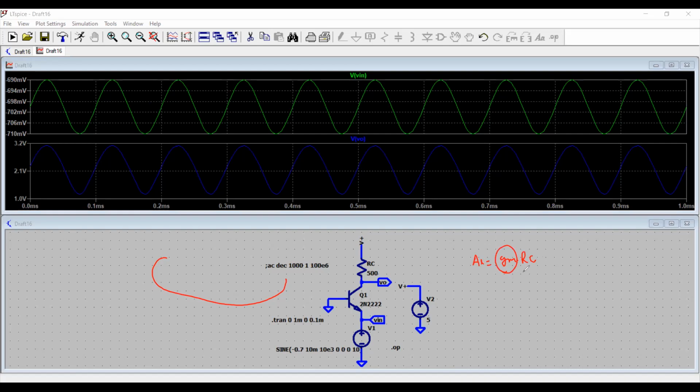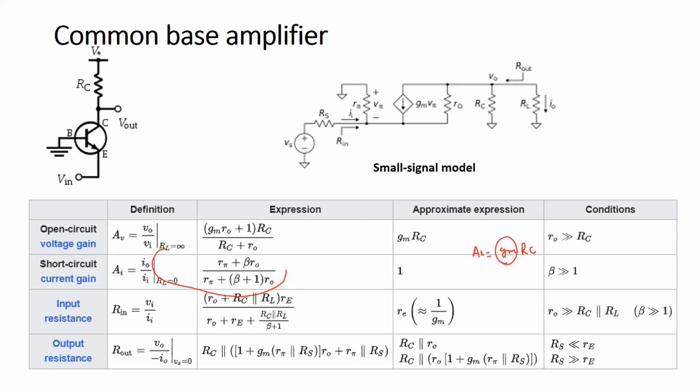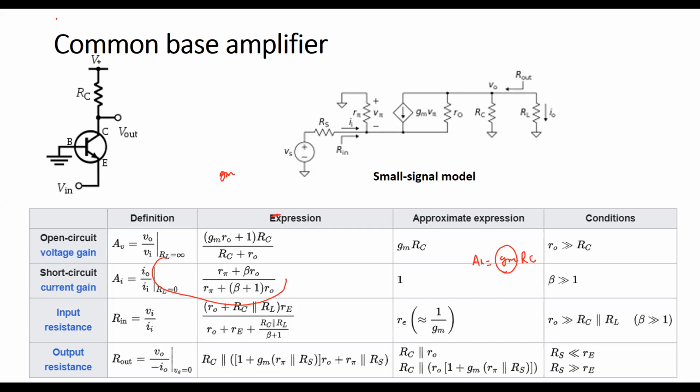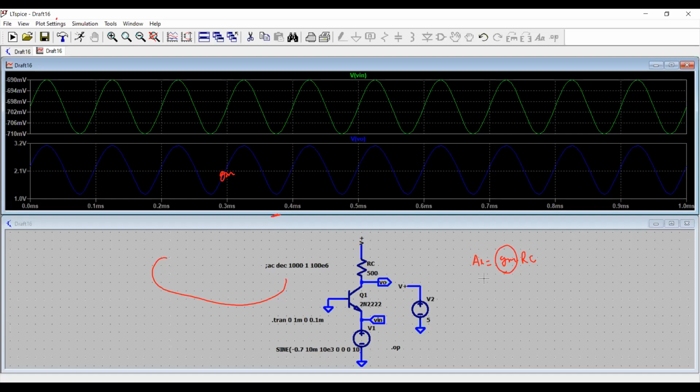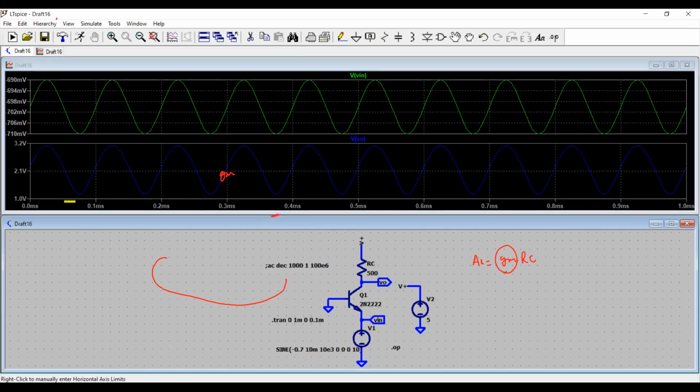So for that, we need to check the value of GM. Value of GM is given here. This GM we need to refer to our earlier theory. Anyway, we are just performing the analysis. So GM times RC is the gain setup.